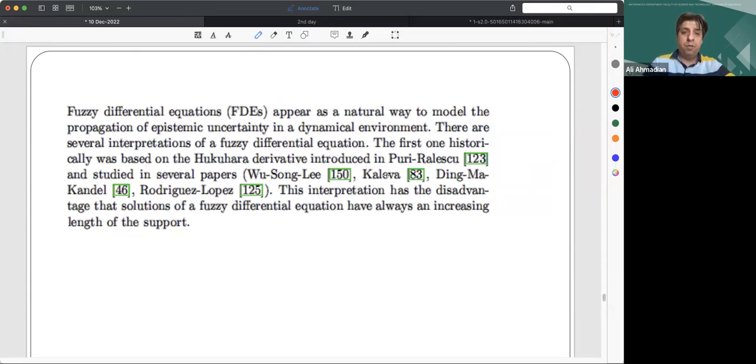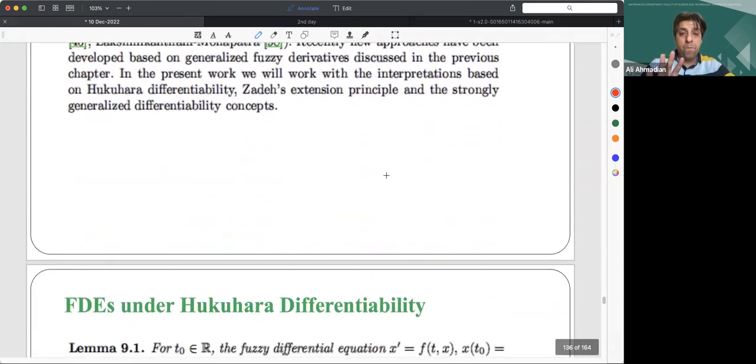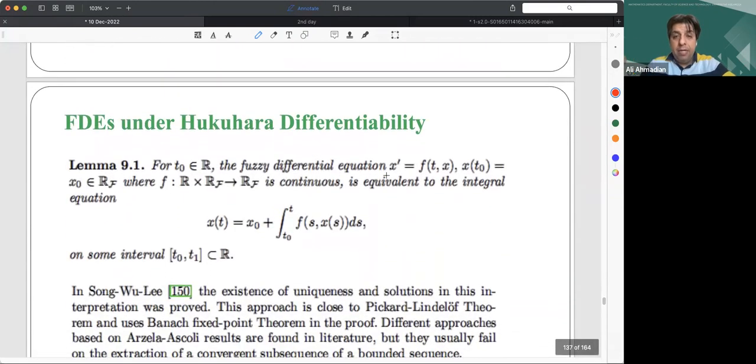I want to go through the fuzzy differential equations. Because we have fuzzy Hukuhara differentiability and fuzzy generalized Hukuhara differentiability, depending on which type of differentiability I use, my fuzzy differential equation is defined based on that.